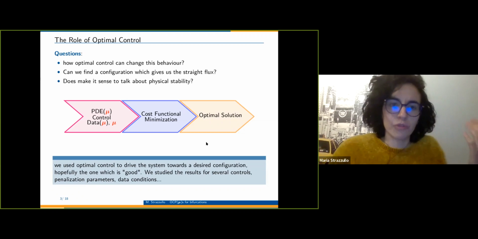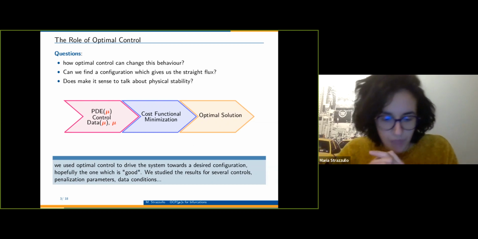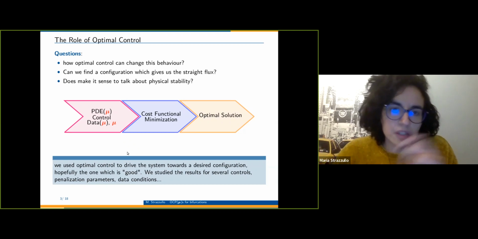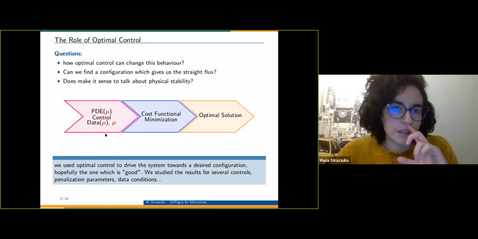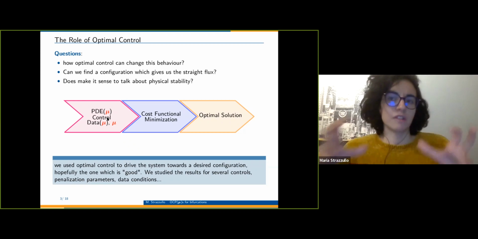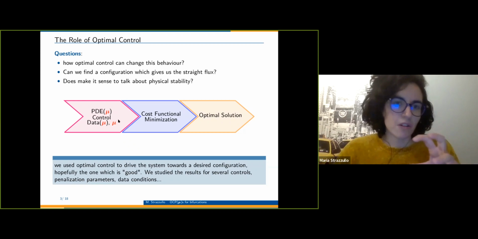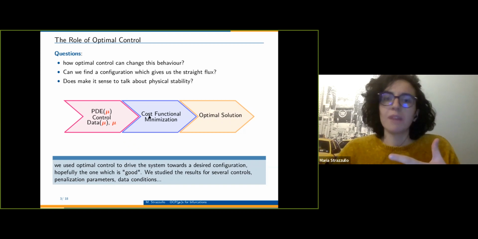Now, if you are not familiar with optimal control, I will try to give you an insight on it. It is an input-output system. Basically, as an input, you have your PDE, a data, in our case the parameter, and then you have a control variable. The control variable is an external variable that acts on the PDE in order to change its behavior, minimizing a cost functional.